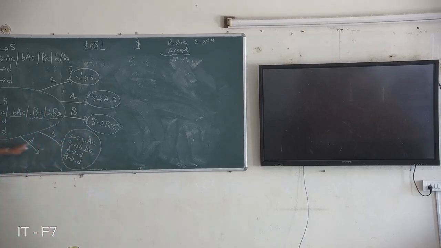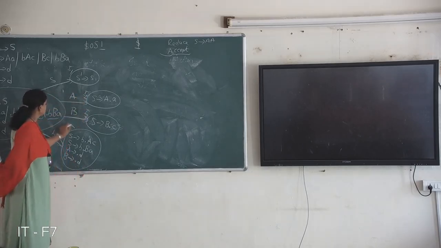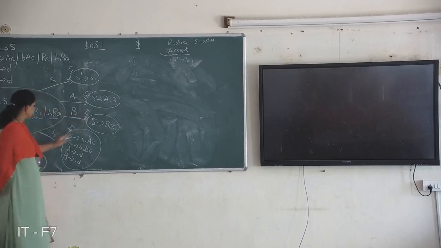Next, on d: A derives d dot, B derives d dot. After the dot d is there for these two productions, so I included these two productions here. So you get A derives d dot, B derives d dot. This is the transition on the first state, and give numbering here: I1, I2, I3, I4, I5.